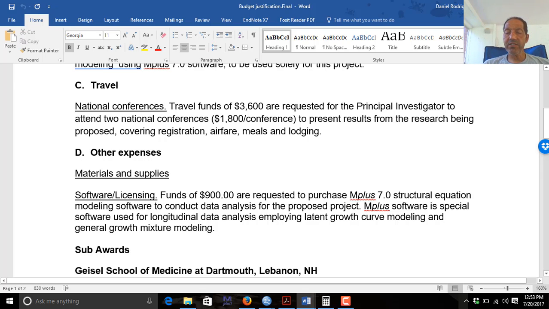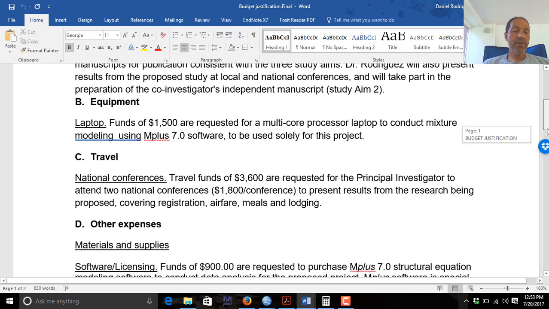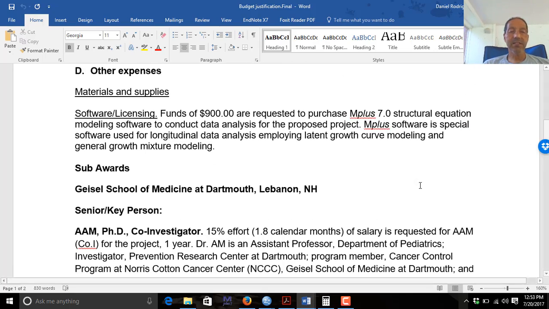I have other materials and supplies. I had noticed that we had computer under equipment, and other materials and supplies include licenses for software and software itself. Here I use this software called M+, which I have to justify because this is the type of software I need in order to complete my study. So that's what I did here. I had to justify what it is.